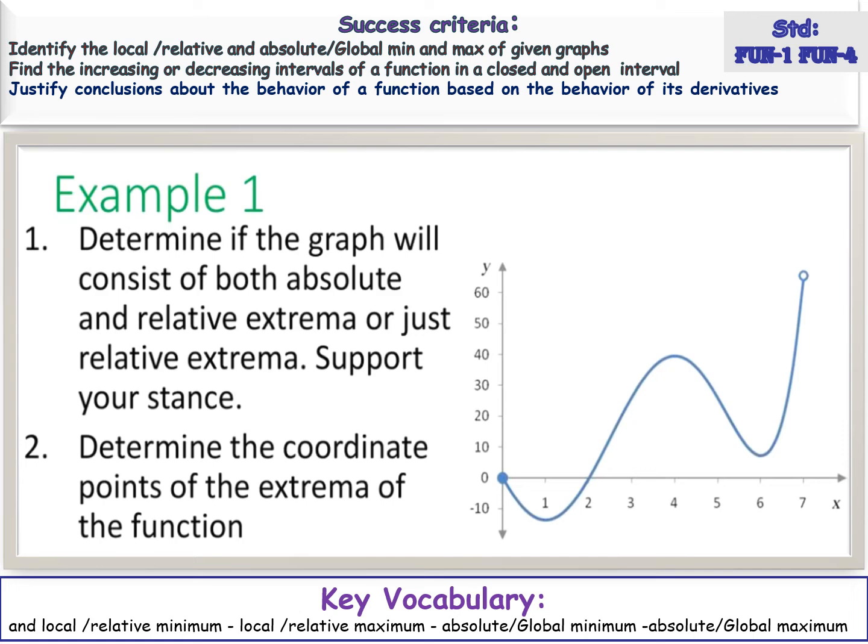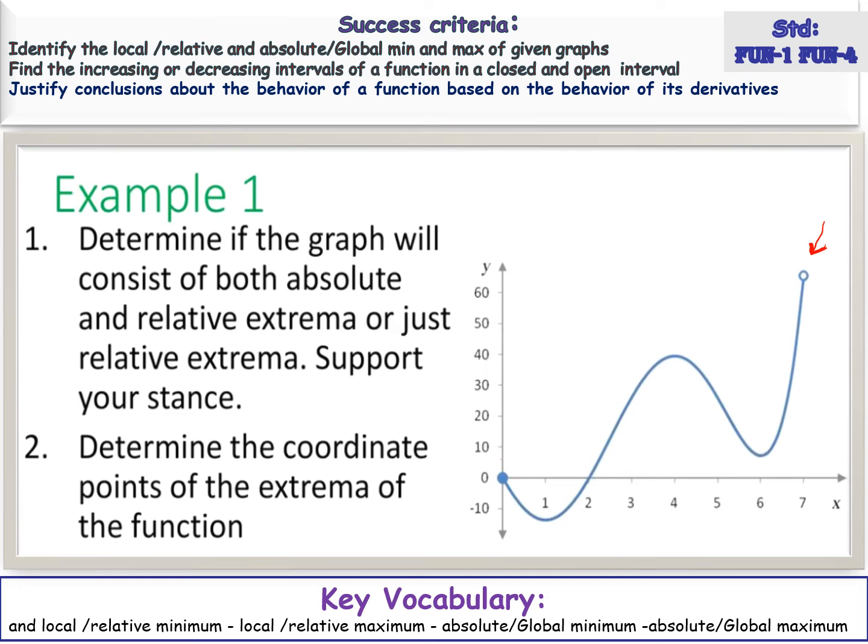Okay, so let's look at the example. Determine if the graph will consist of both absolute and relative extrema or just relative extrema. Then determine the coordinate points of the extrema of the function. Now, first of all, have a look over here, and what do you find? That this is an open interval. Why? Because the endpoint of the graph over here is excluded.